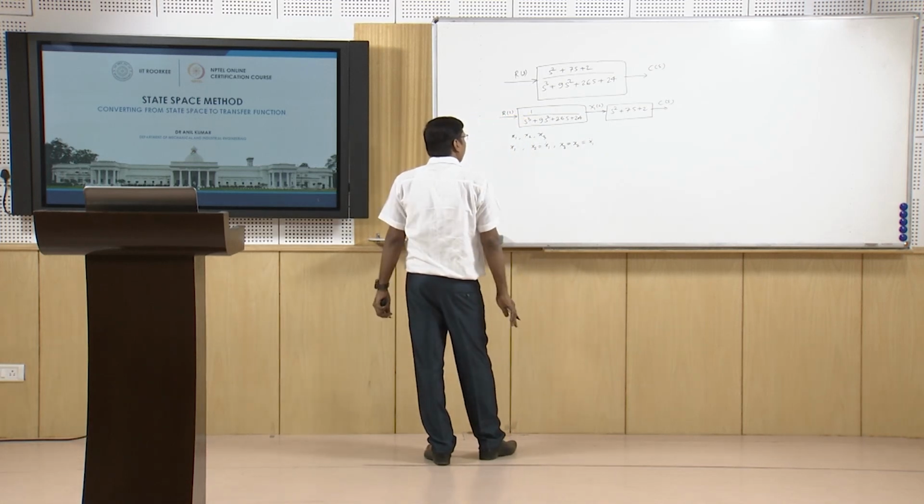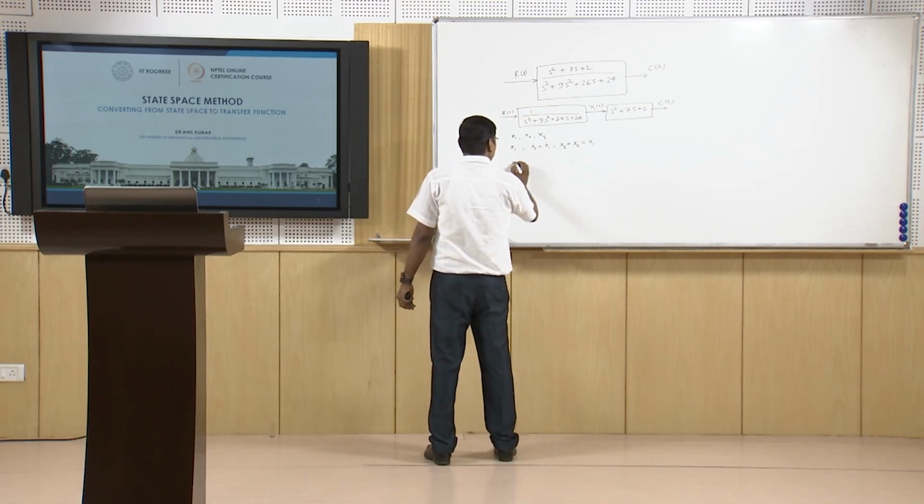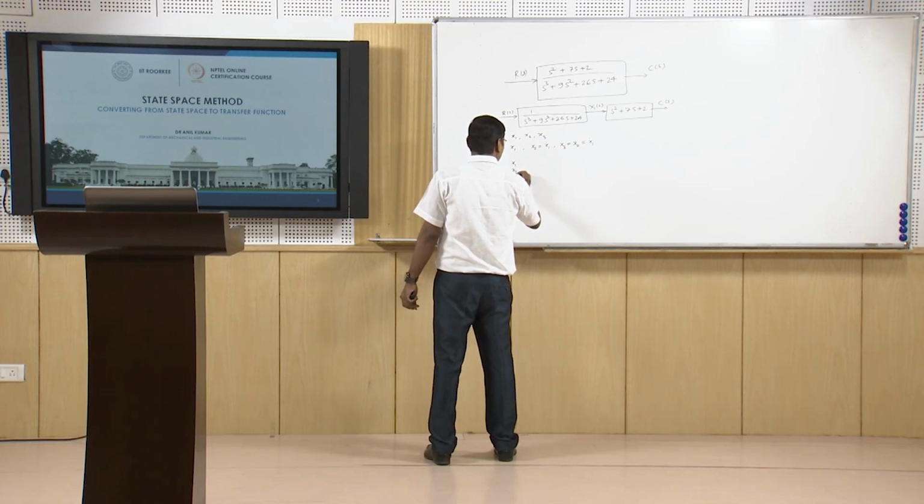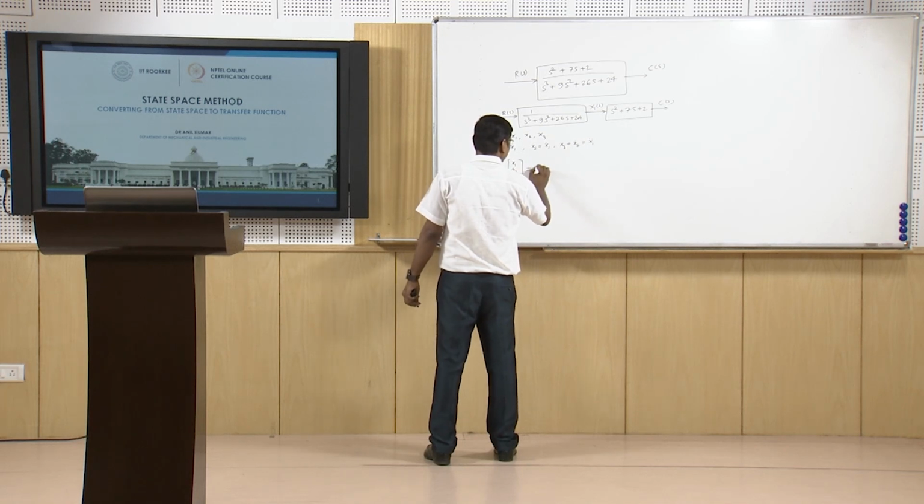So we can write this as x1 dot, x2 dot and x3 dot. These are the state equations we are writing.